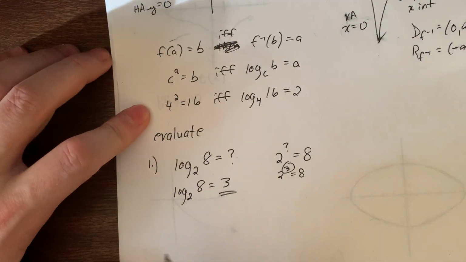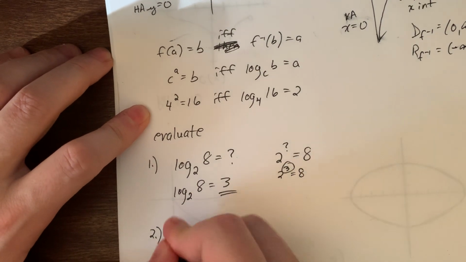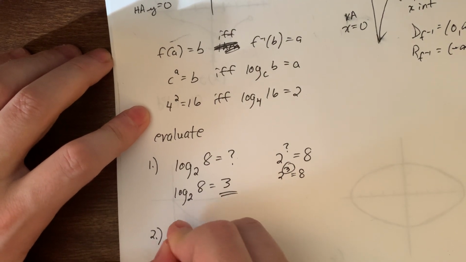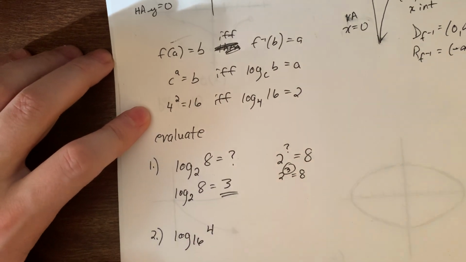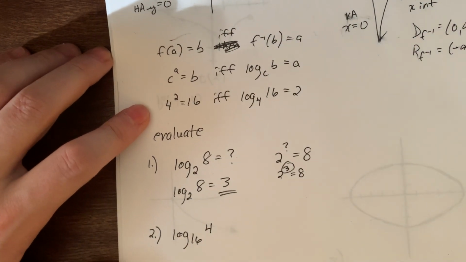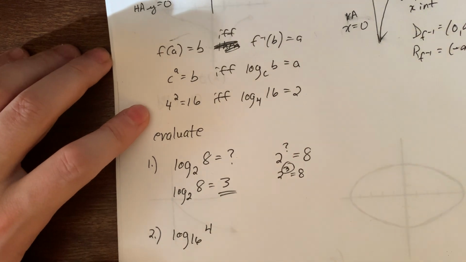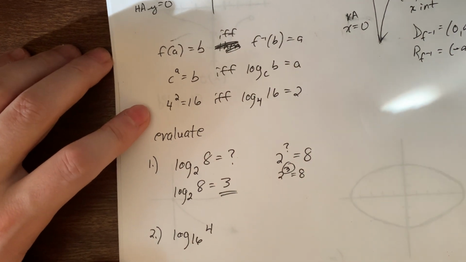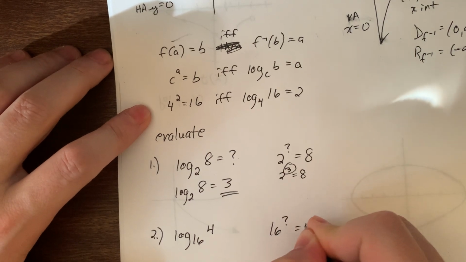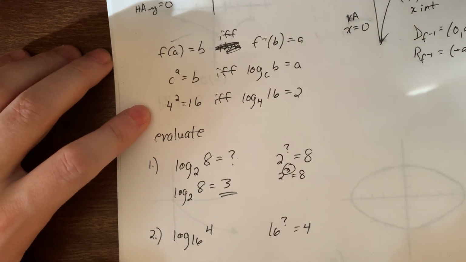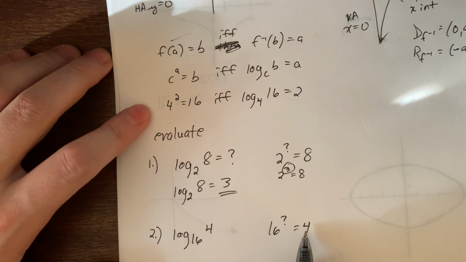Let's do some more. Number 2, let's look at log base 16 of 4. This will remind us of an exponential property. I'm still going to set up the same thing, 16 to what power equals 4. And right off the bat, that's not an easy thing to think about.